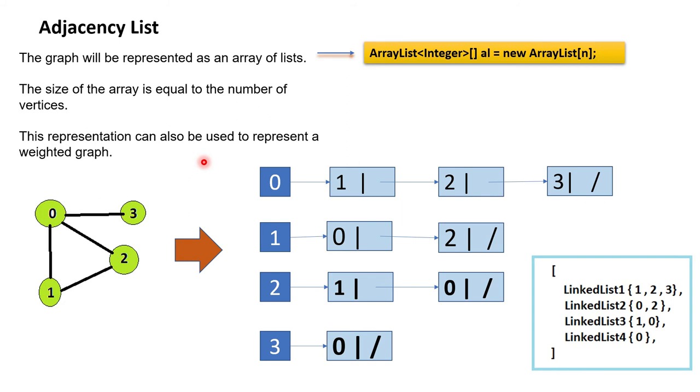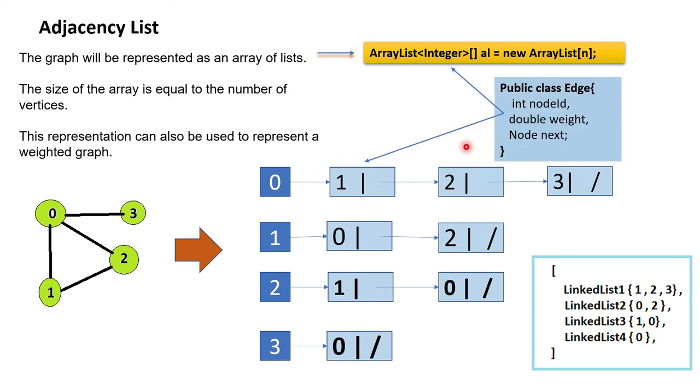So for adjacency matrix, the weighted graph, what I did is, instead of 1, we put the weight of the edge. So for this case, as it's a linked list, we can represent an edge as a class, instead of directly an integer. There I can mention the node ID, then the weight of the edge, and then what is the next node.